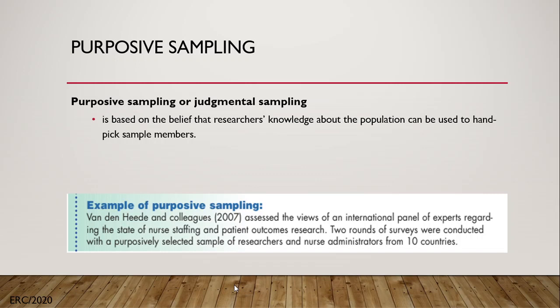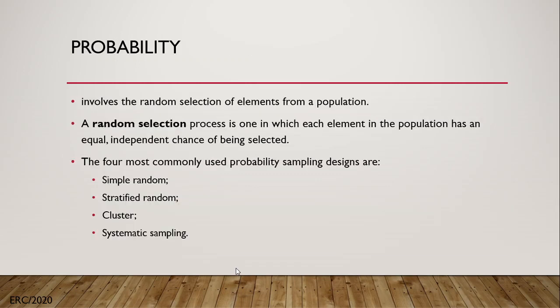quantitative studies. Okay? So next, we have the probability sampling naman tayo. It involves the random selection of elements from a population. Okay, when we say random selection, it is a process in which each element in the population has an equal or independent chance of being selected.